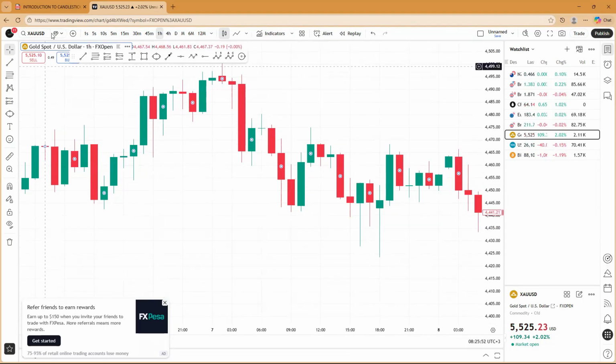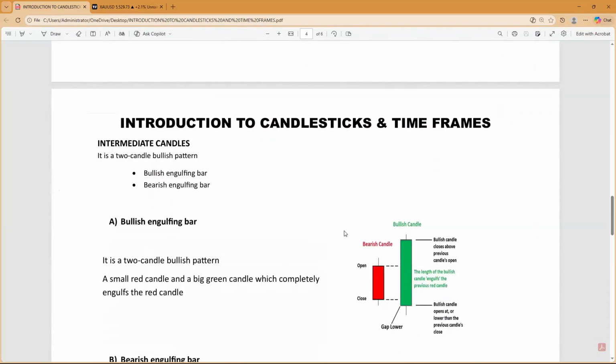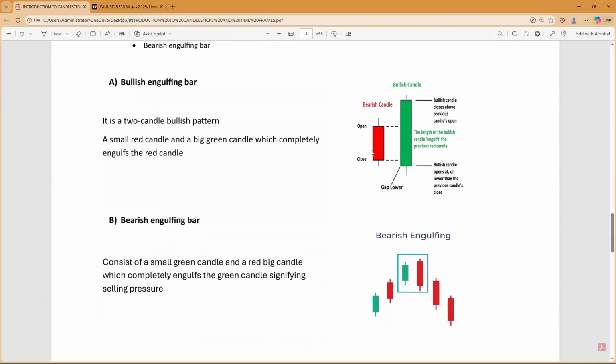So let's go to our intermediate candlesticks. We have a bullish engulfing candle, and we have a bearish engulfing candle. What is a bullish engulfing candle? Let me show you in the chart. A bullish engulfing candle is where a small red candle is being engulfed, covered by a large green candle.